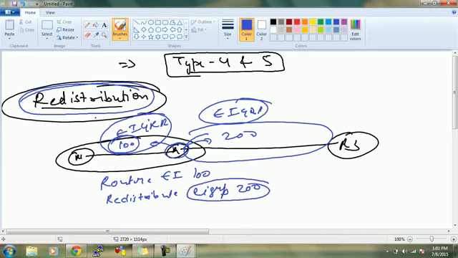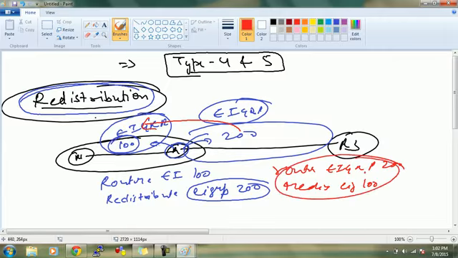This time process 200 routes will be injected into process 100. Now you will go in router EIGRP 200, redistribute EIGRP 100. This time process 100 routes will be injected in 200.